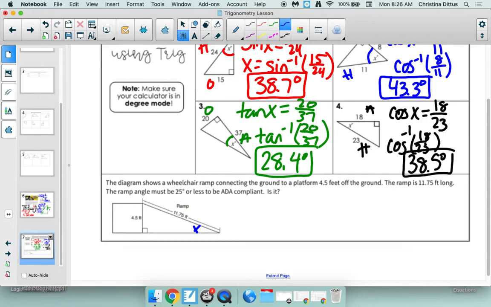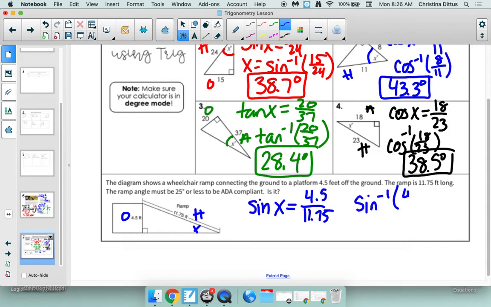How does 4.5 relate? How does 11.75 relate? So, CAH or TOA? So I'm taking the sine of my angle, which is x. What over what? 4.5 over 11.75. To find angles, we have to use our inverse.